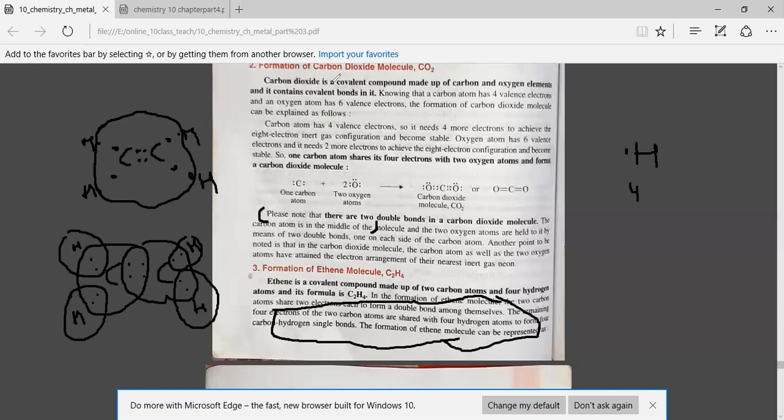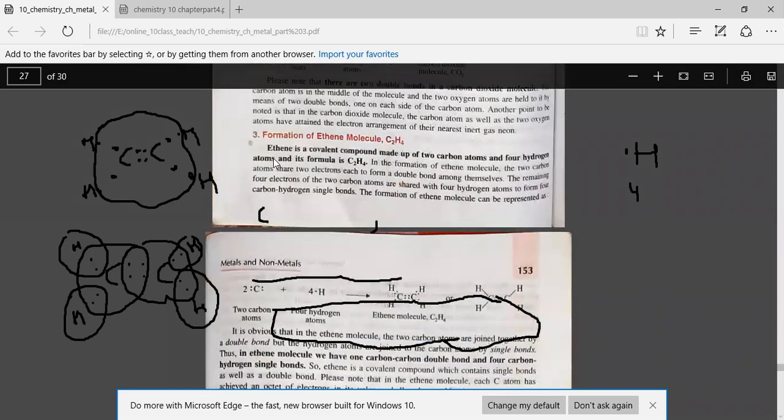Write the heading: formation of ethene molecule, C2H4. Then this line: ethene is a covalent compound made up of two carbon atoms and four hydrogen atoms.